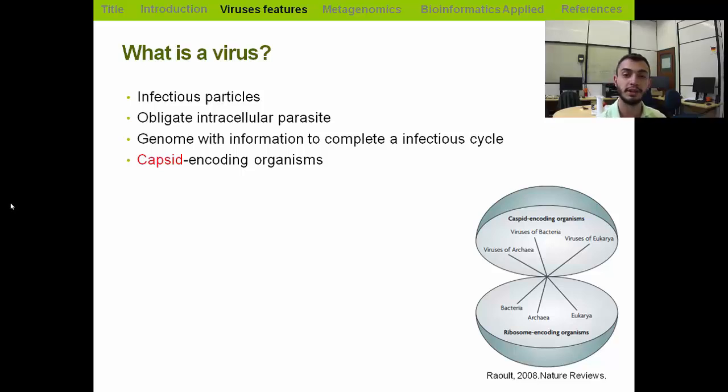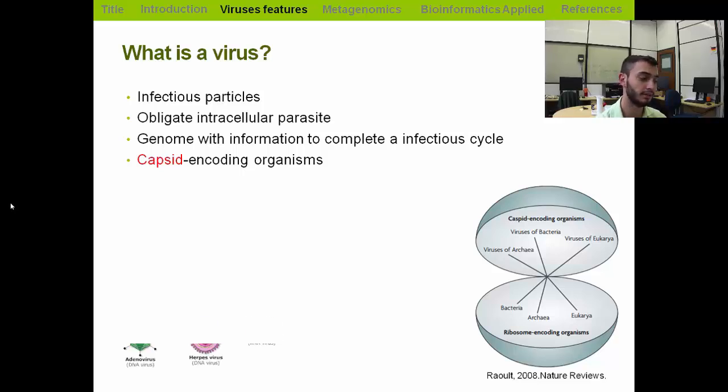They consider viruses as capsid-encoding organisms. There are viruses of archaea, of bacteria, of eukarya at the top. And at the bottom we have the ribosome-encoding organisms, the living things as we know them now: bacteria, archaea, and eukarya, the three domains of life.